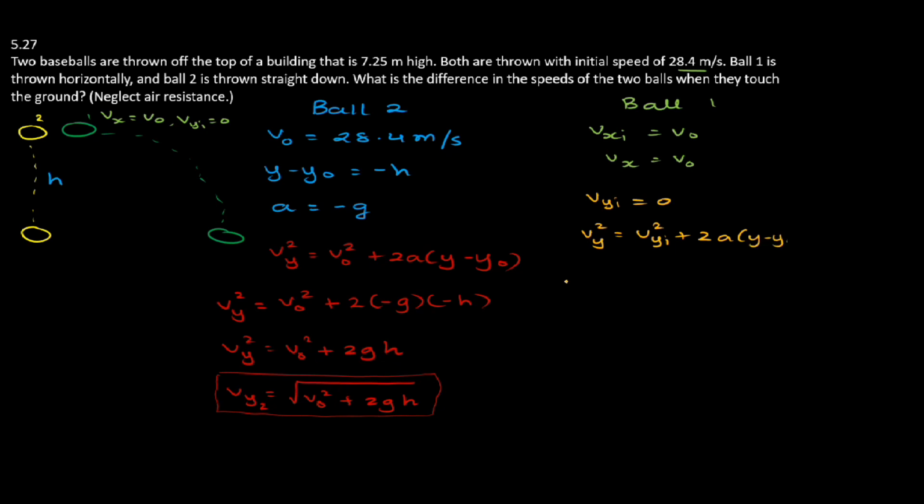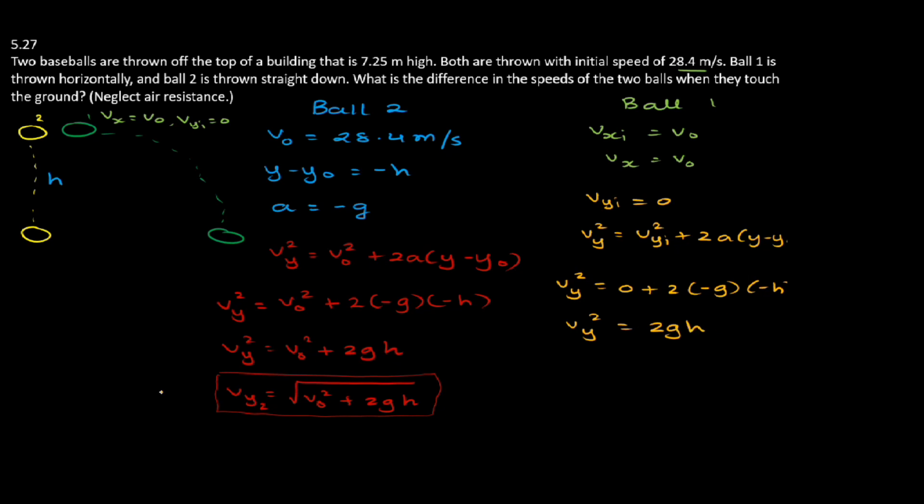We substitute the same thing. Vy final squared equals initial 0 plus 2 times negative g times negative h, or Vy squared equals 2gh.